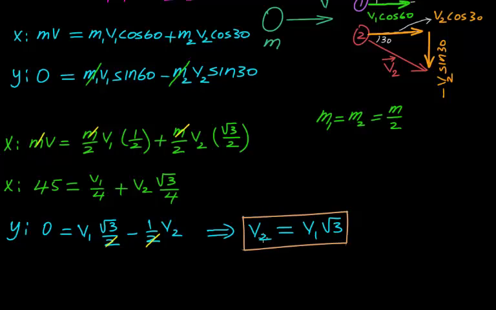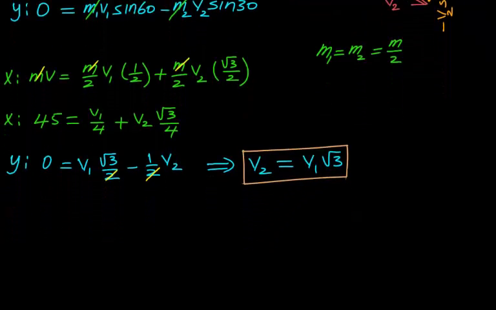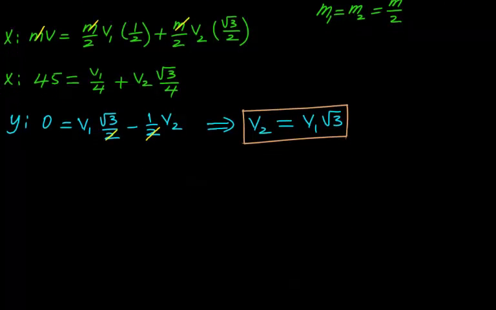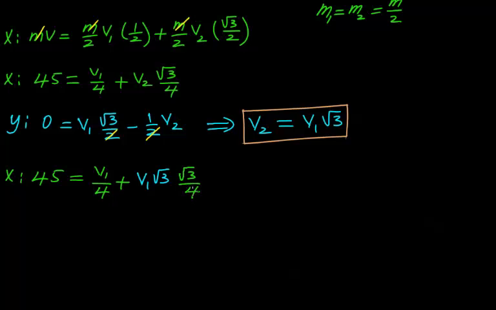Now we need to substitute this v2 into our x component. 45 equals v1 over 4 plus, instead of v2, I'm going to put v1 square root of 3 times the square root of 3 over 4.